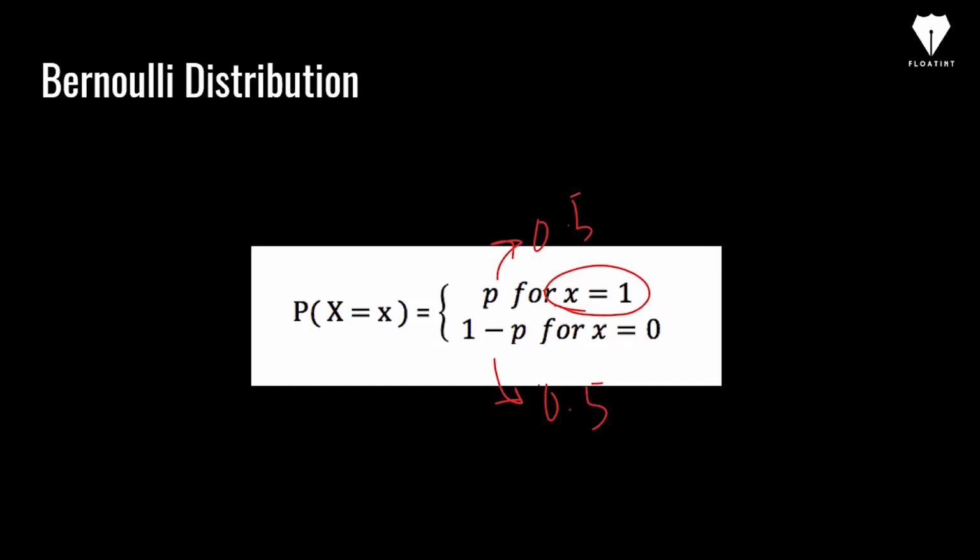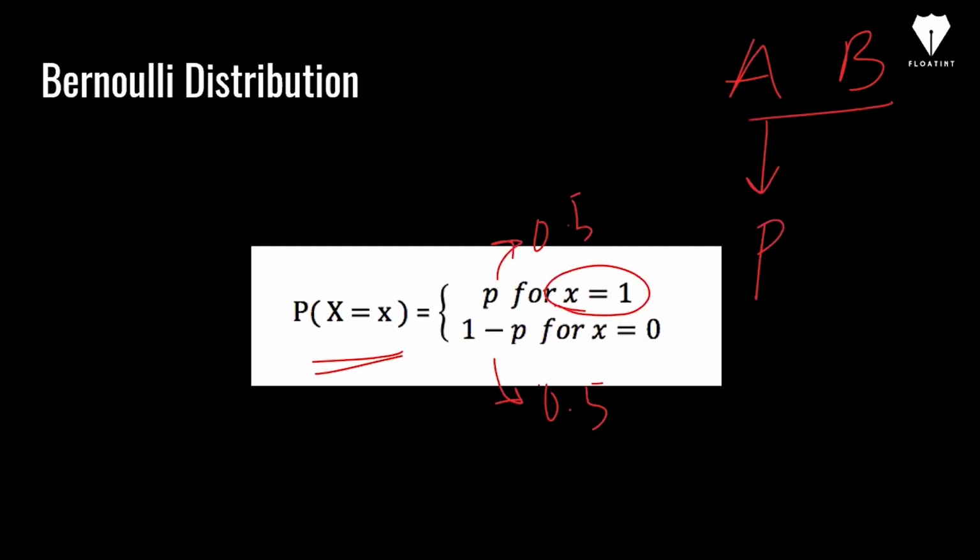In this case, your probabilities are straightforward. This is the probability mass function of the Bernoulli distribution: p for x equal to 1 and 1 minus p for x equal to 0. A use case might be, let's say A and B are playing a game, the probability of A winning is p, and we define x as the random variable. x is 1 if A wins and x is 0 if B wins.